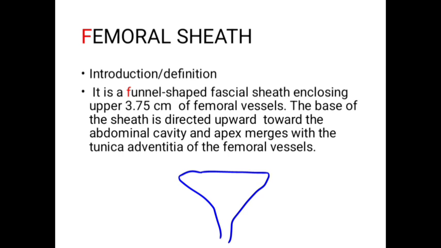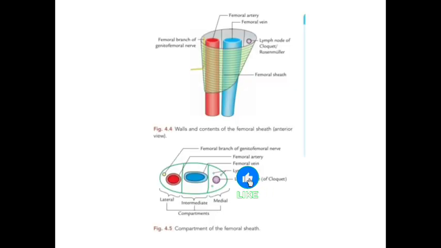Okay, I've tried to represent this funnel shape in this diagram. With this, you can know that the base of the sheath is directed upwards to the abdominal cavity and the apex merges with the tunica adventitia of the femoral vessels. So this is a diagram.